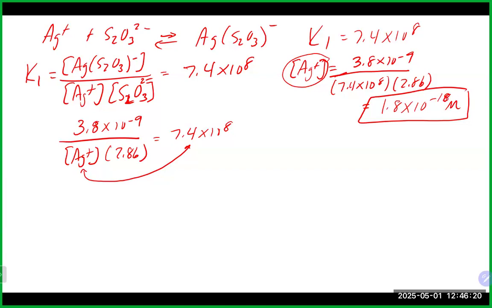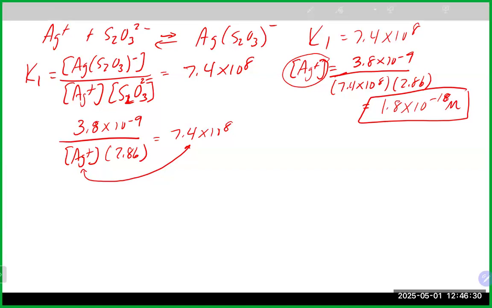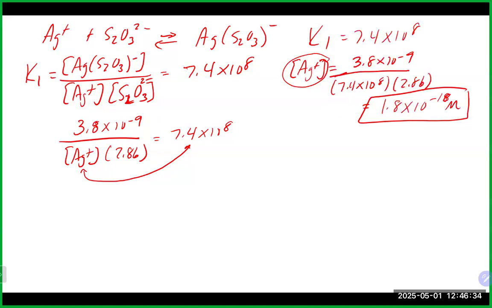So again, this validates our assumption that pretty much all the silver in this case is going to be used up into that complex ion. And this demonstrated that we had our stepwise formation and you could use each of those individual equilibrium reactions separately because they're all equilibrium, as long as you have the equilibrium constants for our concentrations for everybody.